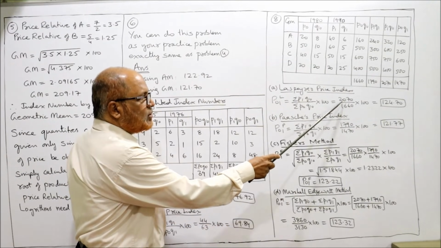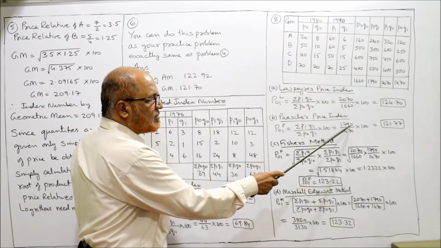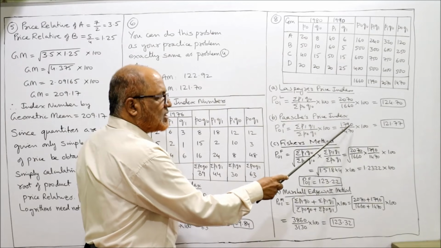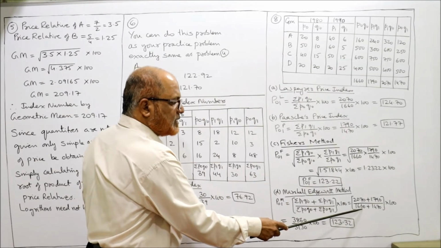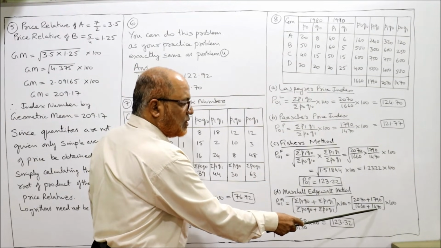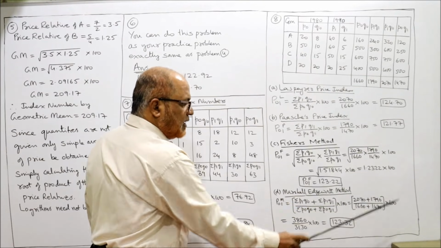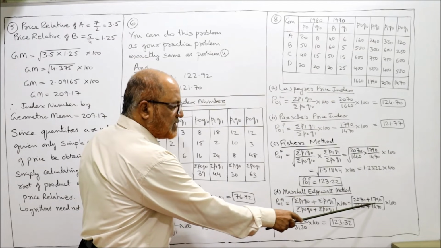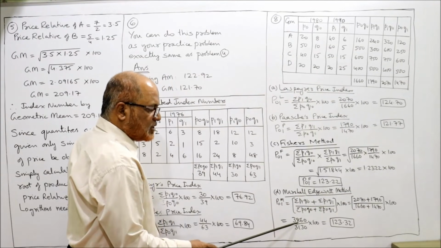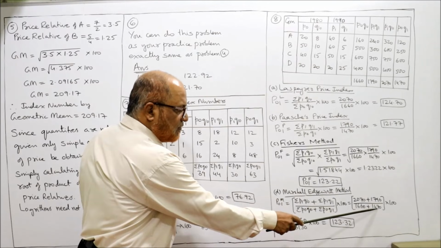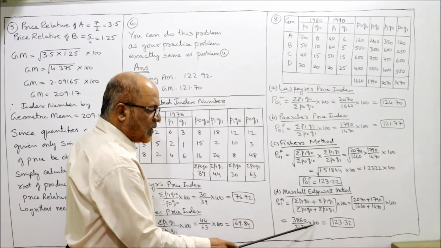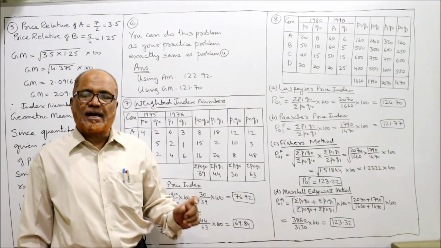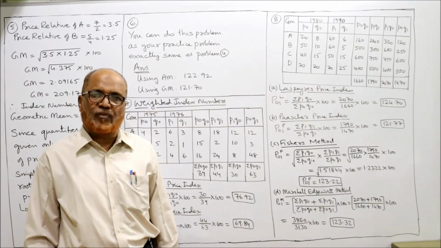Numerator: 2070 plus 1790, 3860. Denominator: 1660 plus 1470, 3130. Taking this in brackets, outside the bracket into 100: 123.32. This is the price index according to Marshall-Edgeworth's formula.